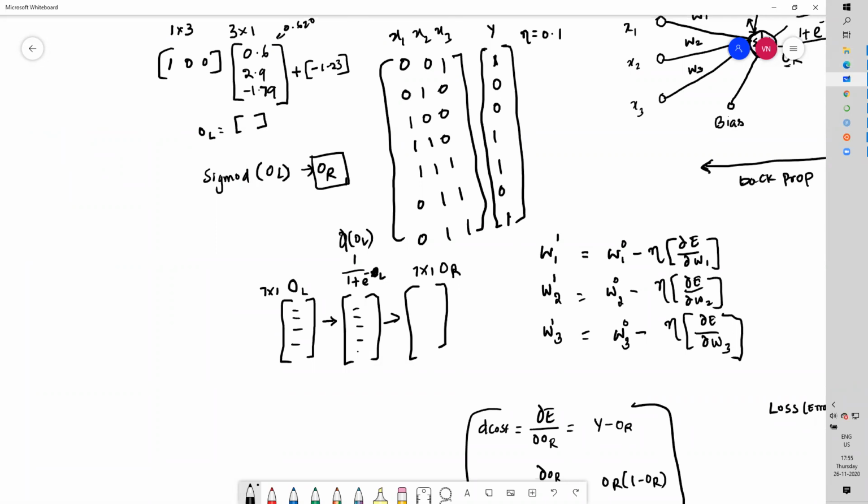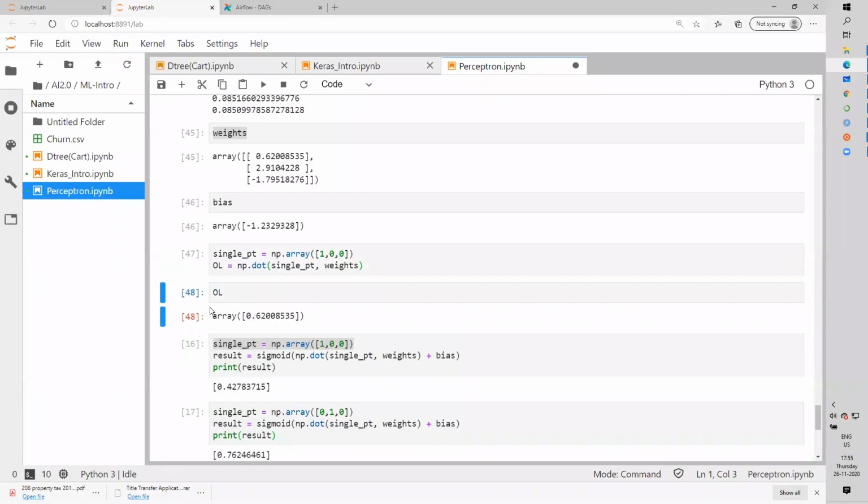And to this, I have to add the bias term. So let's add the bias term, OL plus the bias. Sorry, this is not the OL, this is the weight matrix. So let's call this W. Now W plus bias is your OL.